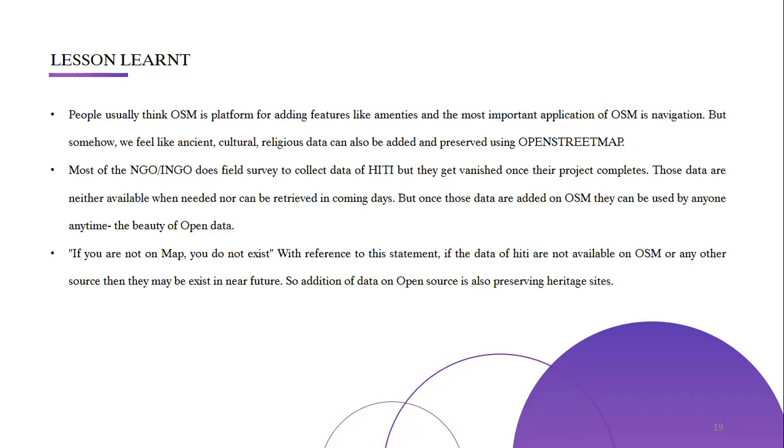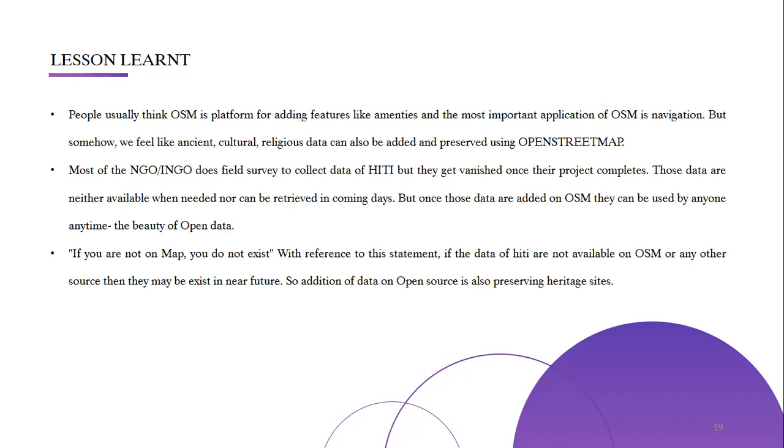These kinds of data we can rarely see on OpenStreetMap. With the vision to add and preserve these HITIs, the ancient things that need to be preserved and passed from one generation to another, this open source platform can help. So we used the help of OpenStreetMap to add and preserve those data.